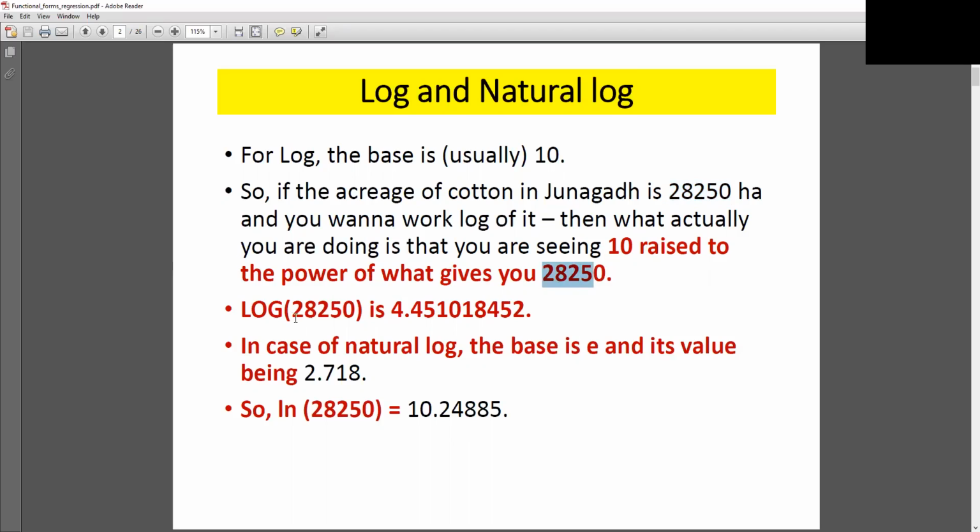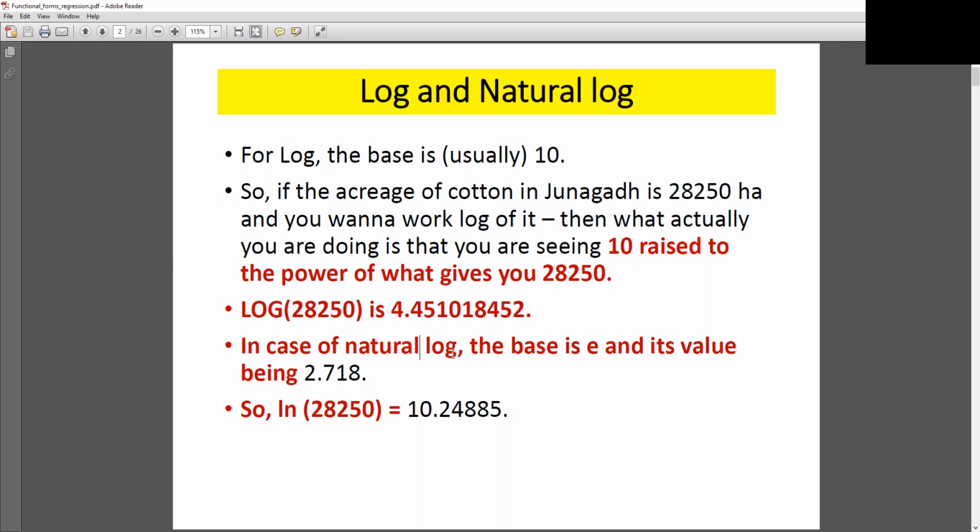So the log of 28,250 is 4.45 because the log base is 10. So 10 raised to the power 4.4510184552 gives you 28,250.